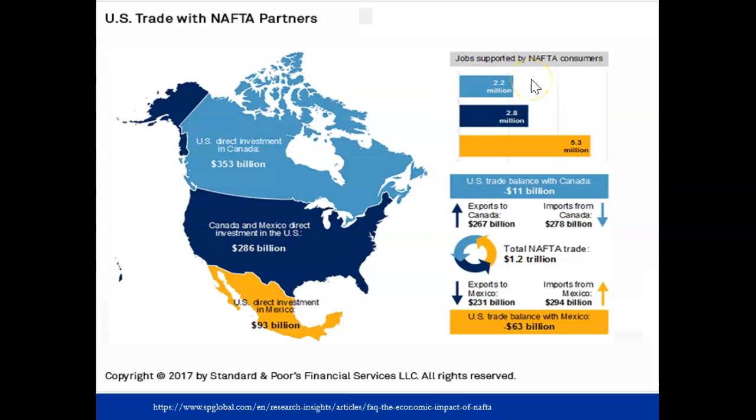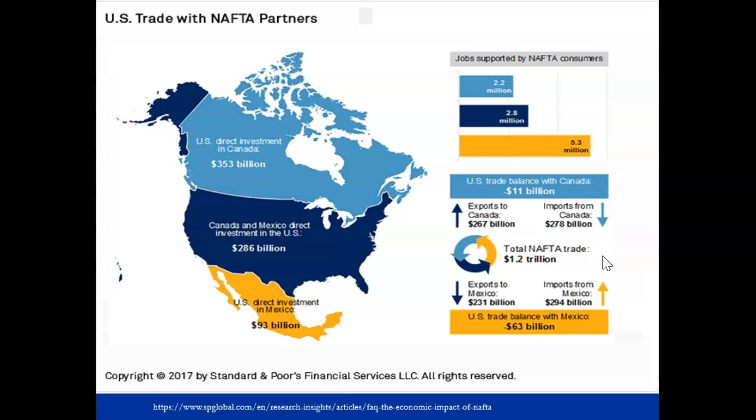You can see here 2.2 million in Canada, 2.8 in the United States, and over 5 in Mexico. And you can see the dollar amounts here: 267 billion going to Canada, 278 coming from Canada into the US.